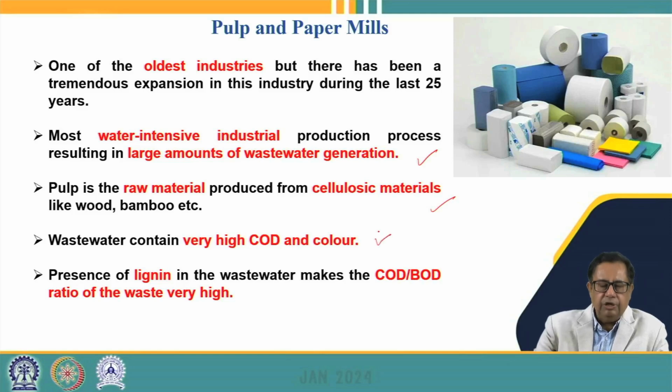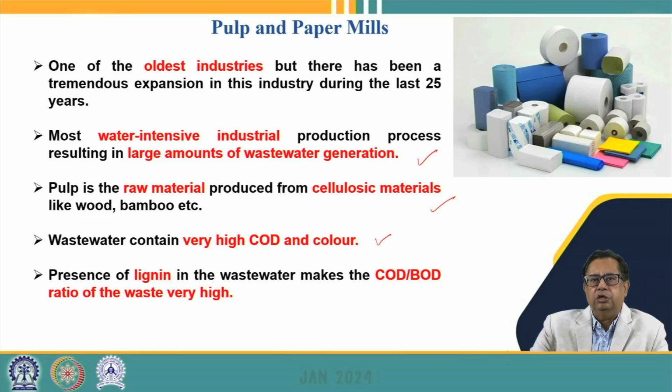So here the wastewater may contain a very high amount of COD, as well as color, because we are using a lot of organic material here which contains a lot of lignin. So this lignin may have very high COD content, and it also imparts low biodegradability. And the color may come when we are using colored paper, or when we are going for the bleaching process also.